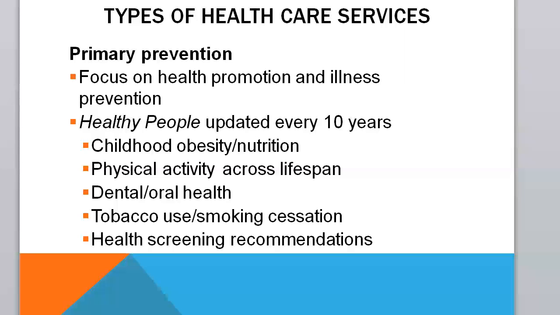And they've already started to look at collecting data for Healthy People 2030. The Office of Disease Prevention and Health Promotion seeks public feedback on their efforts. So they do keep track of the type of illnesses that we see, more of a higher incidence in certain age groups, with the people here in the United States.